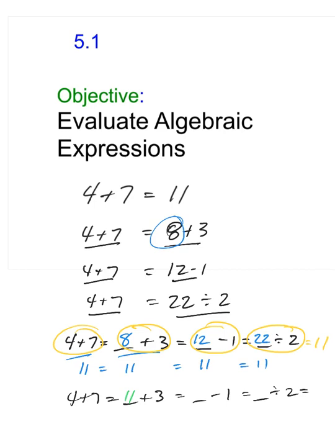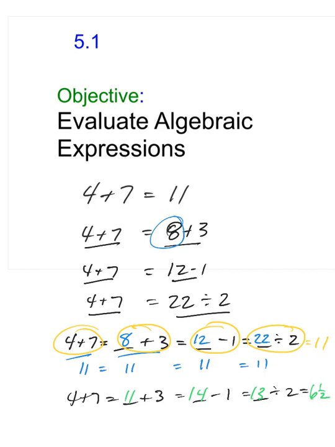And 11 plus 3 is 14. And 14 minus 1 is 13, which means 13 divided by 2 is going to be 6.5. But that would be incorrect.